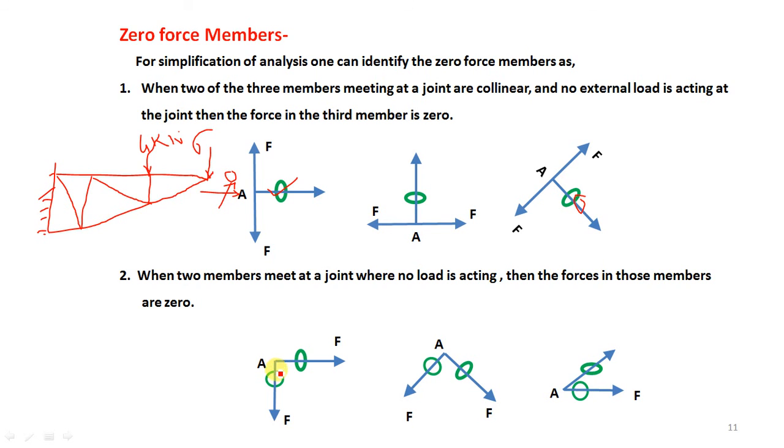Means when there are only two members and no external force at that particular joint, both the members are zero force members.